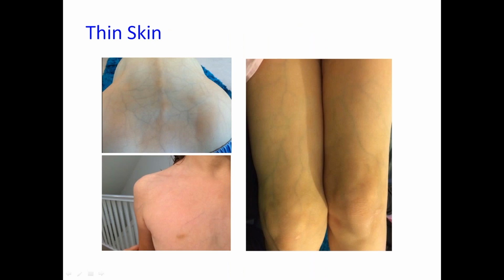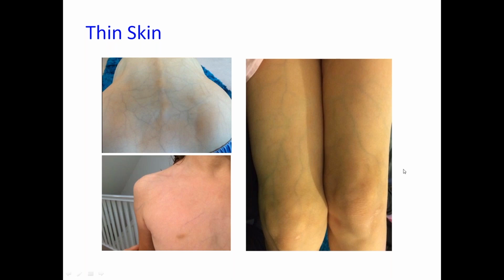And what do I mean by thin skin? Well, here are a couple of individuals with vascular EDS where you can see the venous network through the skin. And that's indicating that the skin is about a third the thickness it normally would be. And you can see it at all body sites, but this is a child stretched over, touching her toes to make it clear to us that the skin is very thin.